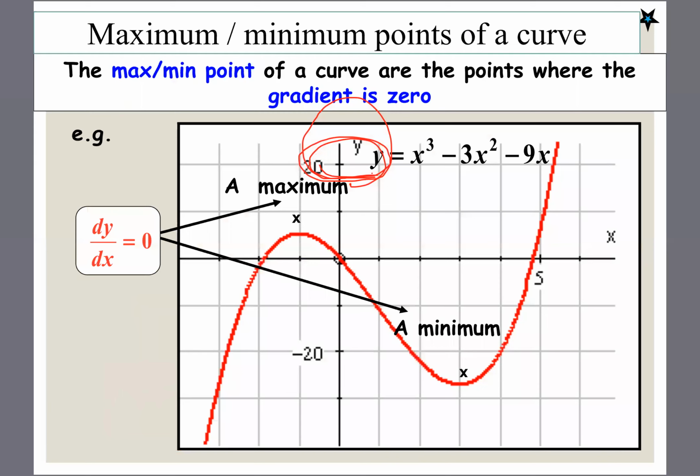And then we move to another important section, that is the maximum and minimum point of a curve. You already know gradient. Gradient means the slope of the function.